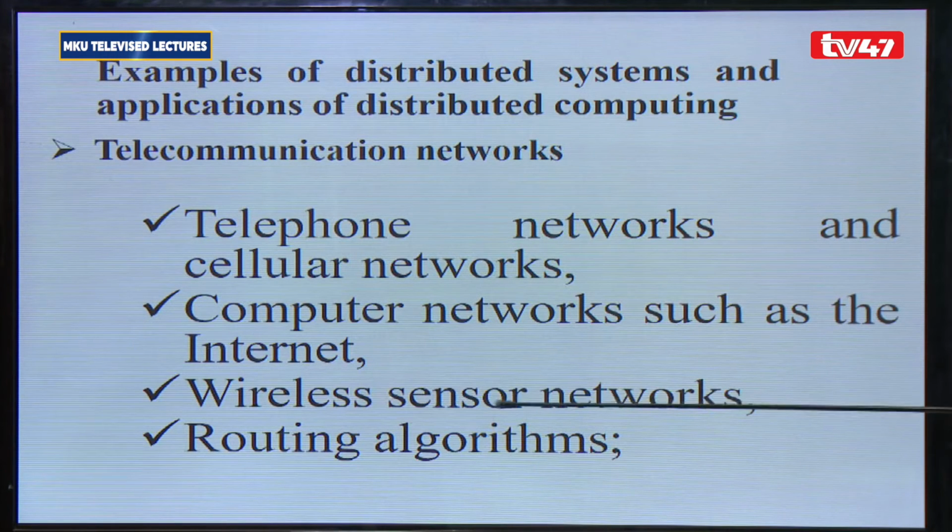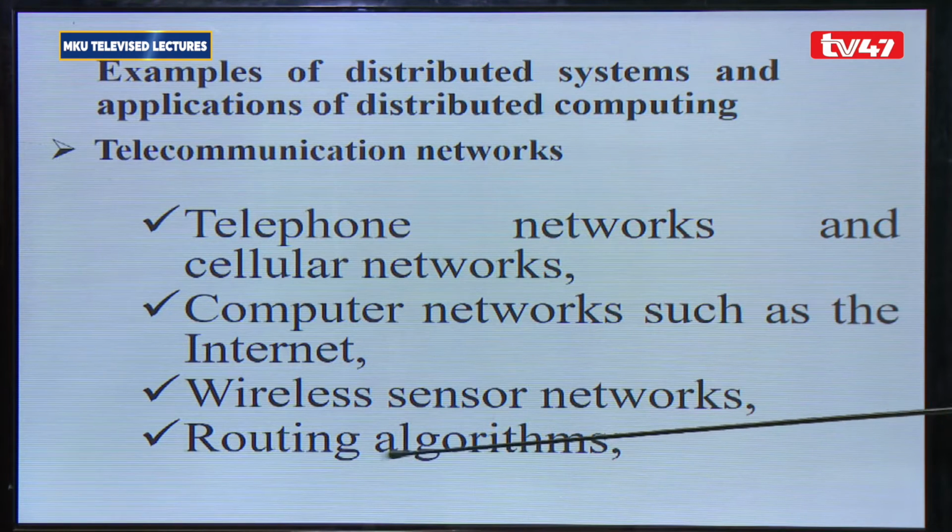We have wireless sensor networks, and also routing algorithms. With routing in routers, when you're using dynamic IPs, once you try accessing, you are routed to another router, and that's how networking is done. So most routing algorithms are distributed systems.